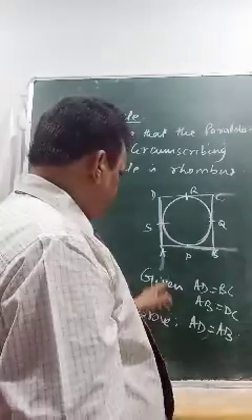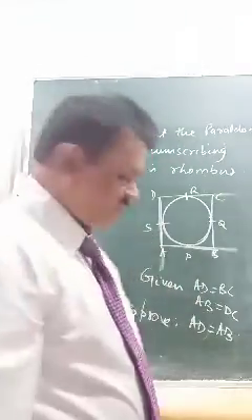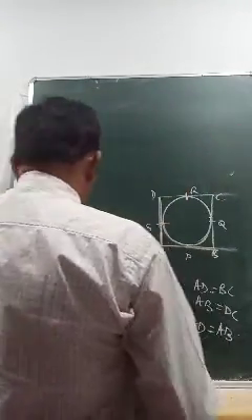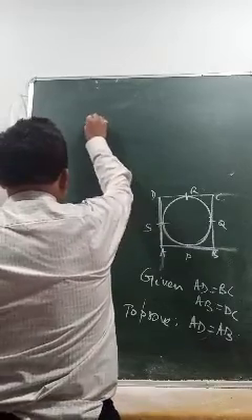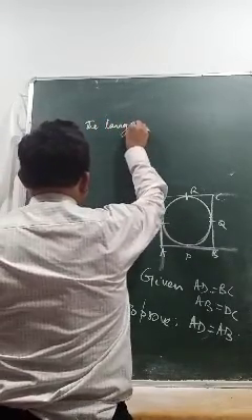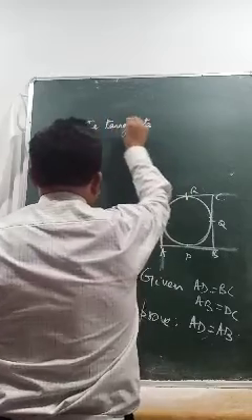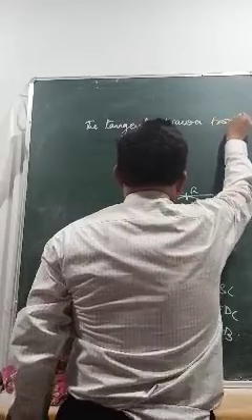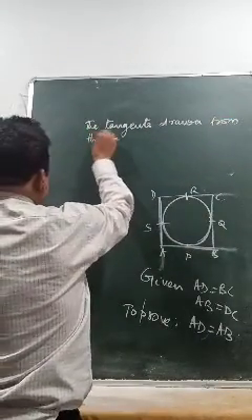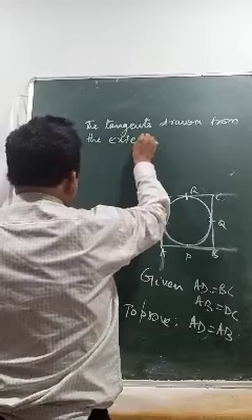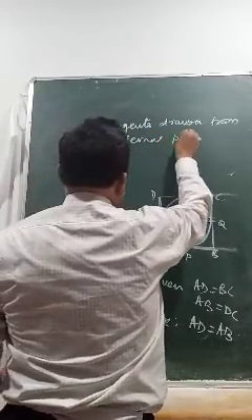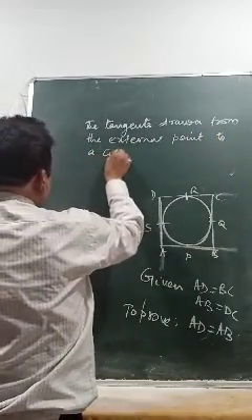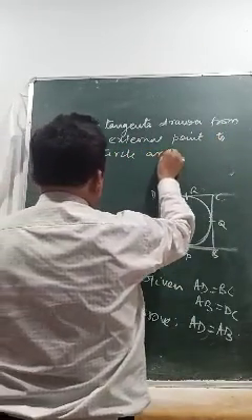So now you know the tangents drawn from an external point to a circle are equal.